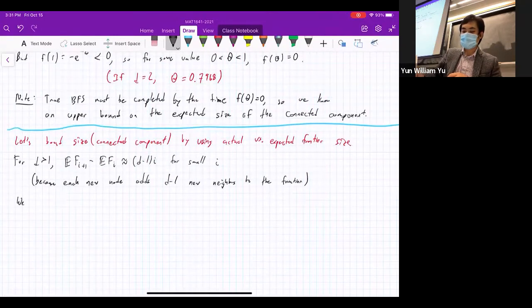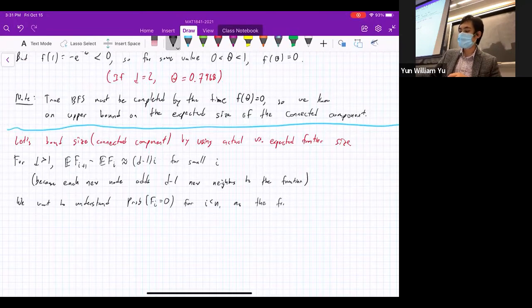So we want to understand the probability that f sub i is equal to 0 for i less than n, as the first such i marks the size of the first connected component.